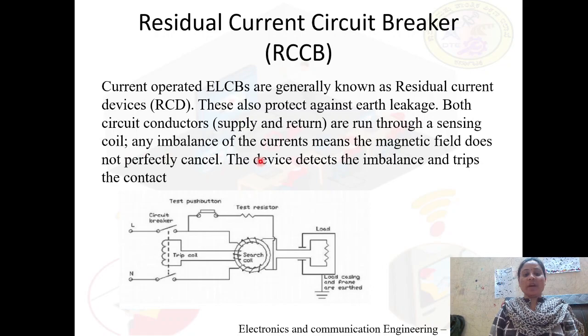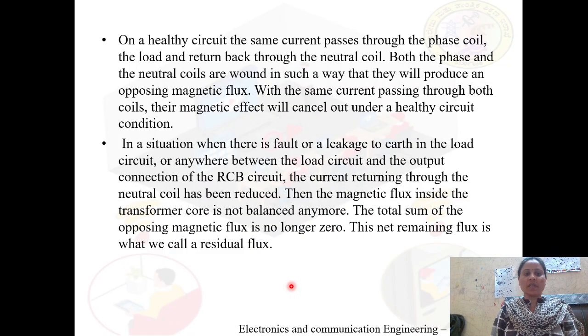If any imbalance of current happens, the magnetic field does not perfectly cancel. The device which can detect the imbalance is the RCCB, and it trips the contact. So this is what the arrangement for an RCCB looks like.